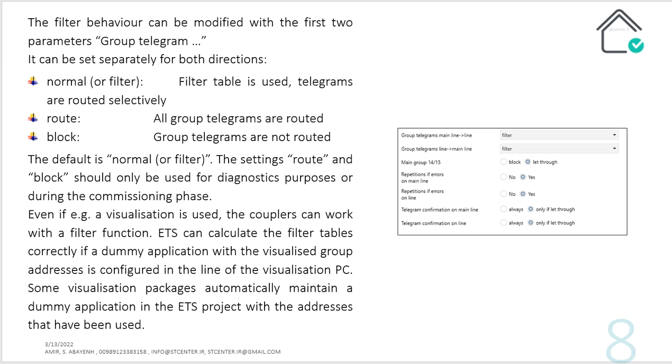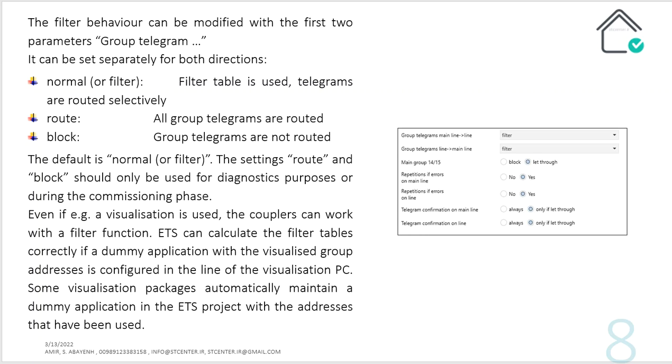By default, we do not touch the parameter settings in couplers. We keep it in filter type because we want to control the traffic of the data and not let useless telegrams be routed from the couplers.